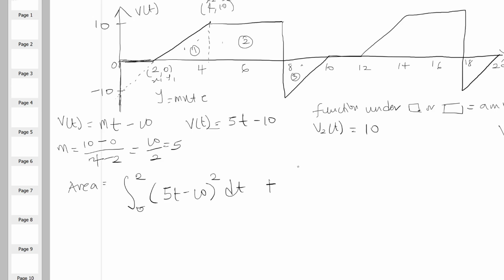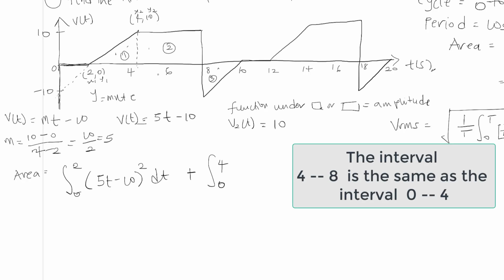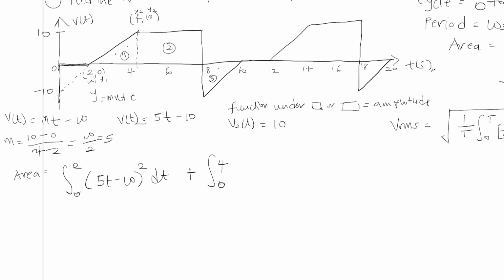Plus the area of the rectangle, that is from 0 to 4, because this is from 4 to 8 and the distance is 4. So I can say that integrating from 0 to 4 is the same as integrating from 4 to 8. So then the function here is 10 squared dt.